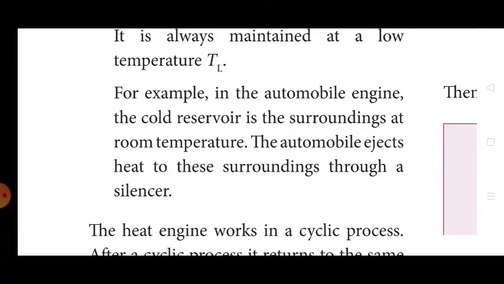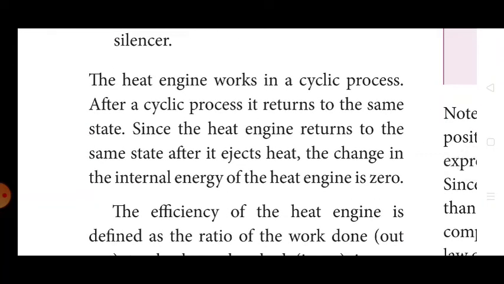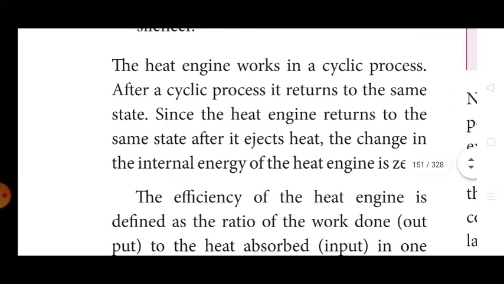The heat engine works in a cyclic process. After a cyclic process, it returns to the same state. Since the heat engine returns to the same state after it ejects heat, the change in internal energy of the heat engine is zero.